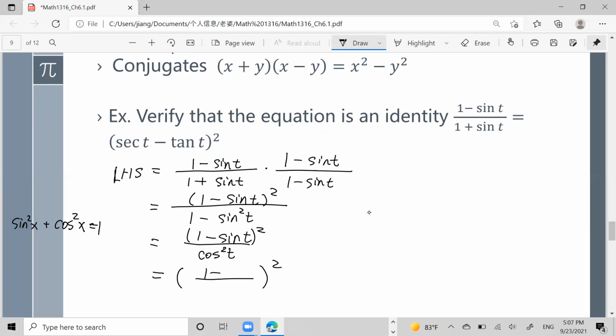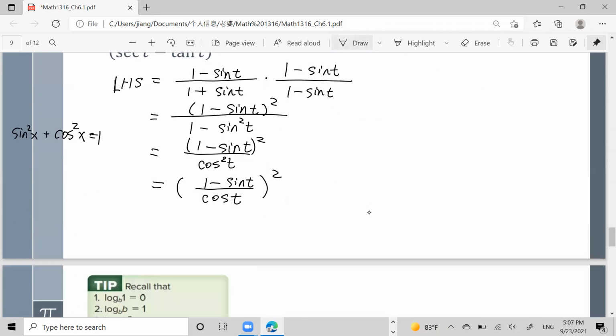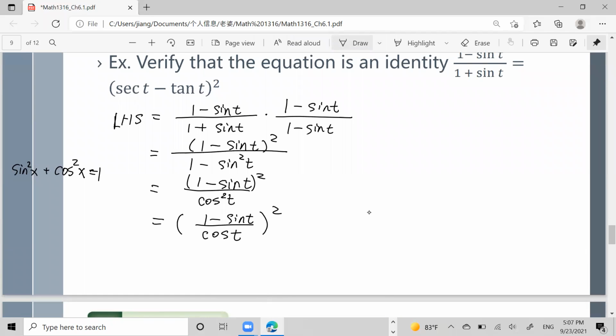That means 1 minus sine t over cosine t. Because the expression on the right-hand side has the square outside, that means we're getting close.